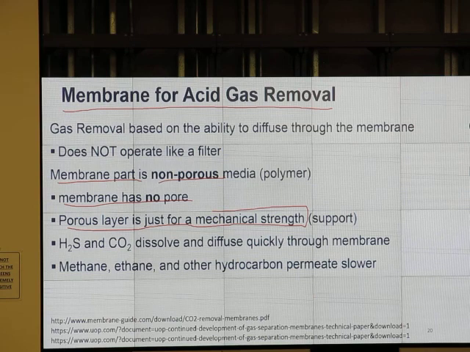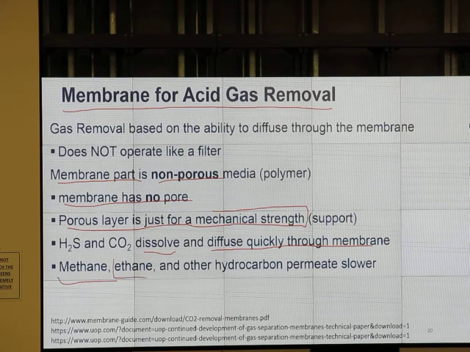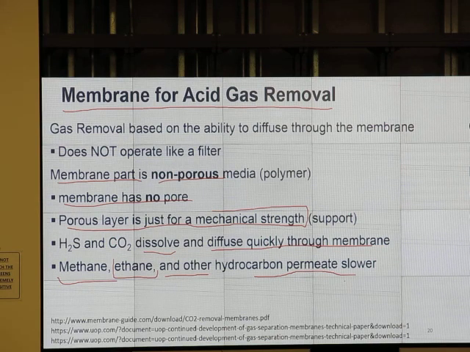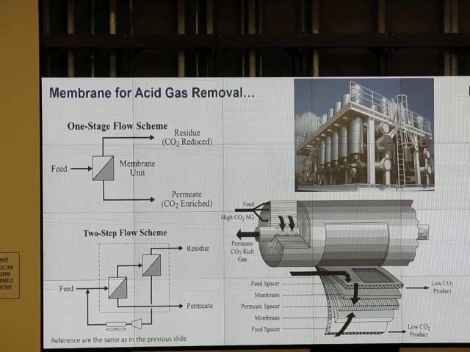H2S and CO2 dissolve and diffuse quickly through the membrane, but CH4 or C2H6 and other hydrocarbons permeate, or go through, the membrane slower. So acid gas goes through the membrane. The good stuff just goes with the flow and doesn't go through the membrane. That's how separation occurs.